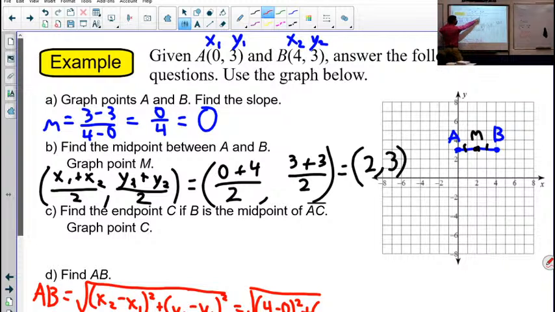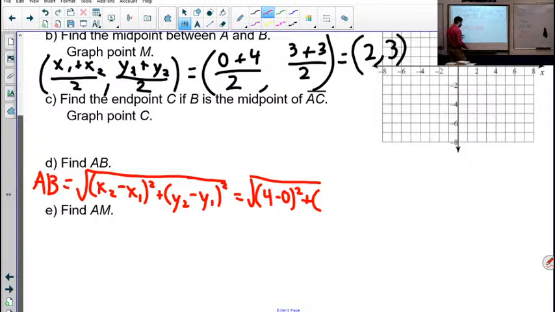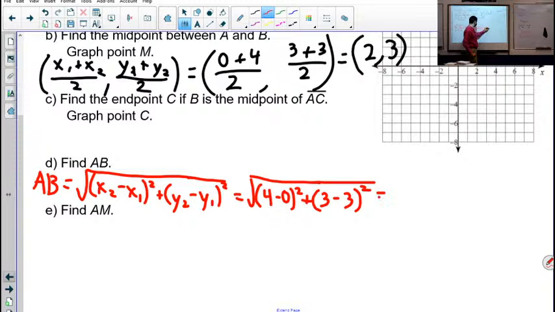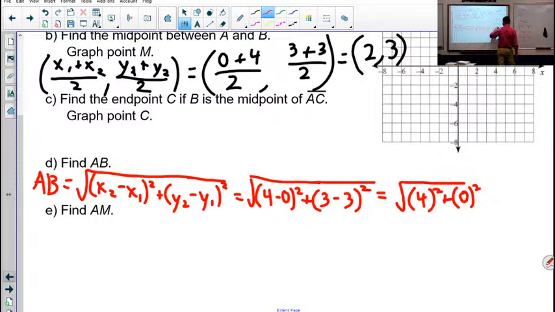My y coordinates are 3 and 3. I'm going to subtract them. Squared. Equals square root. 4 minus 0 is 4 squared, plus 3 minus 3 is 0 squared, which equals the square root of 4 squared is 16 plus 0 squared is 0. So we just get the square root of 16, which is 4.